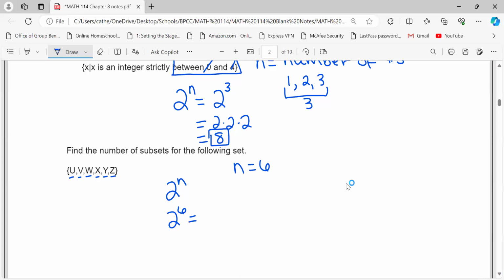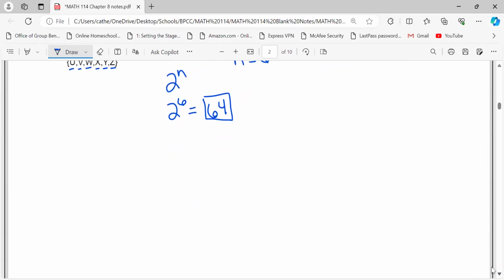All right, 2 to the 6 is 64. So there's 64 possible subsets of these letters. It could be just U and V. It could be U, V, W, X, Y. You could do a tree diagram, and it wouldn't be too bad with the numbers 1, 2, and 3, but with all these letters, it would get pretty big because you would have 64 possible outcomes.